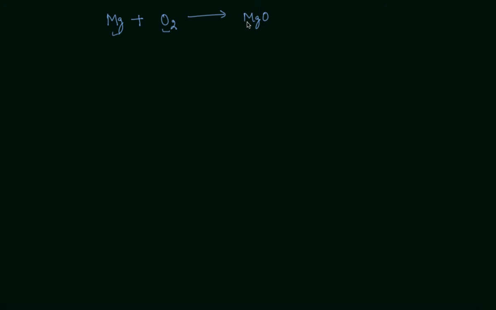So the number of atoms of each element is not the same, and if not, then the equation is unbalanced, because the mass is not the same on both sides of the equation. Such an equation is called a skeletal chemical equation.